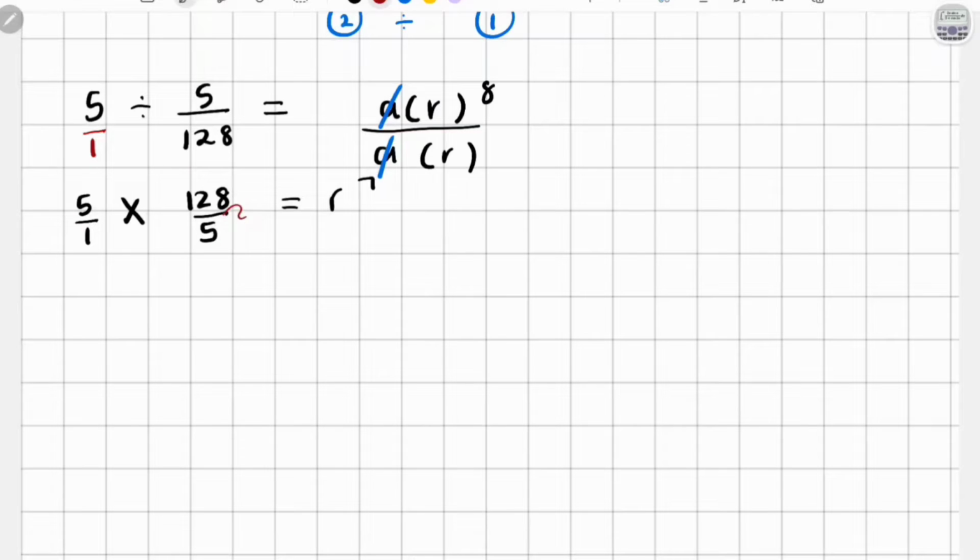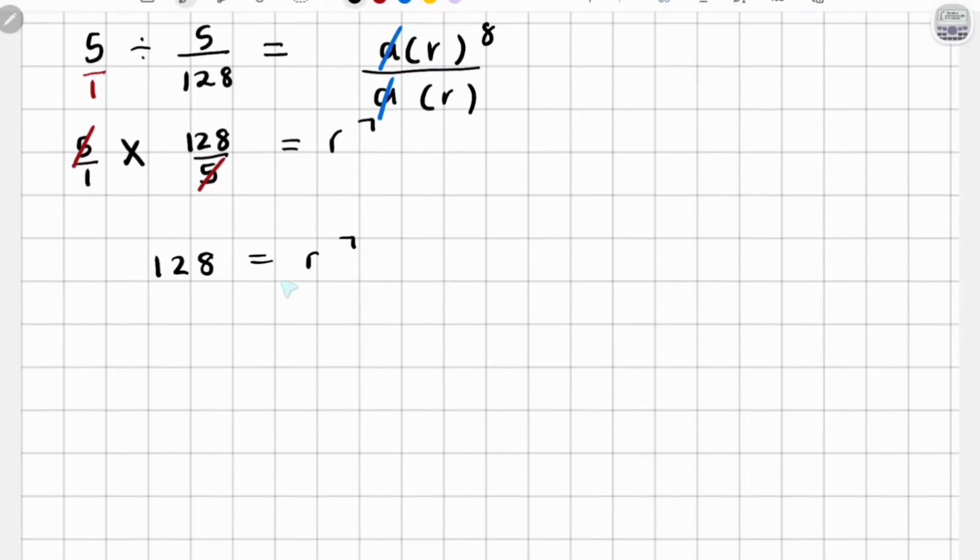But I can clearly see here that diagonally 5 can cancel. You can cancel out common factors diagonally when multiplying fractions. So I cancel the 5 here and cancel the 5 here. So I'm left with just 128 over 1, which is 128, is equal to R raised to the power of 7. Okay, so do you see here we have 128 is equal to R to the power of 7.